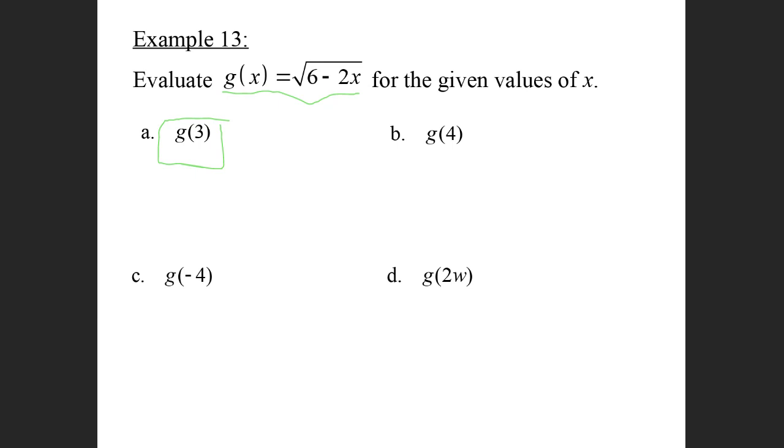Now what is g of 4? Is it 0, radical of minus 2, or does not exist?